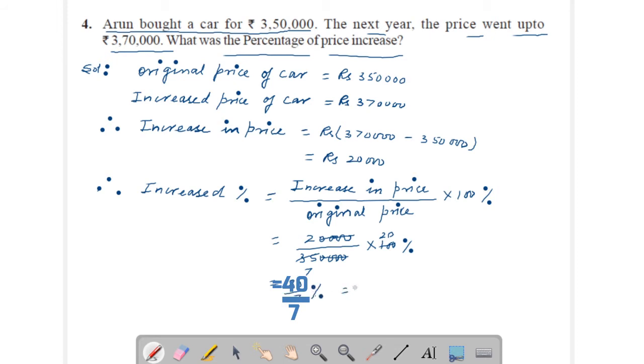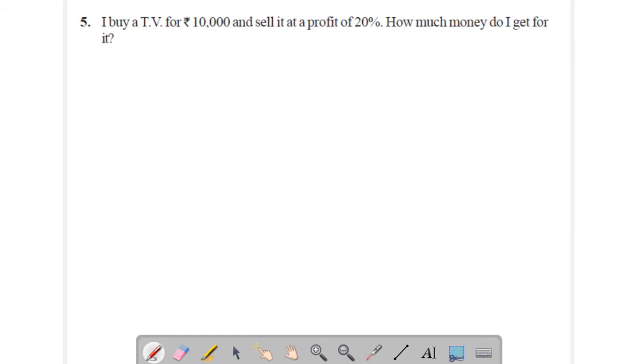That is 5 upon 7%. This is your answer. Now come to question number 5.